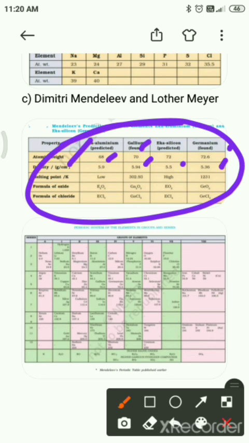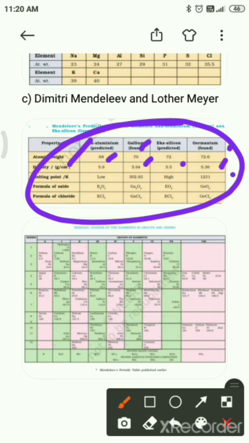Now the melting point. Eco-aluminium was predicted to have a low melting point, though the exact value was not stated. When found, gallium had a melting point of 302.93 Kelvin. Eco-silicon was predicted to have a high melting point, and germanium when found was 1231.